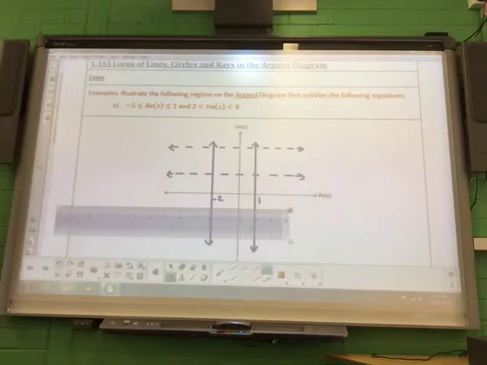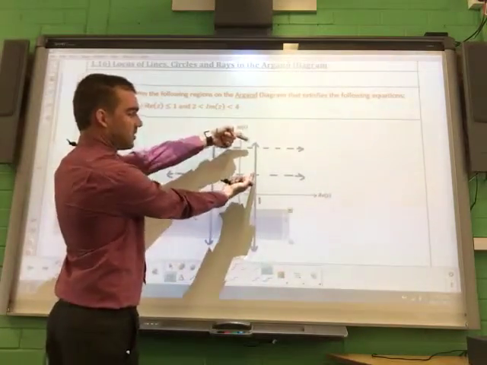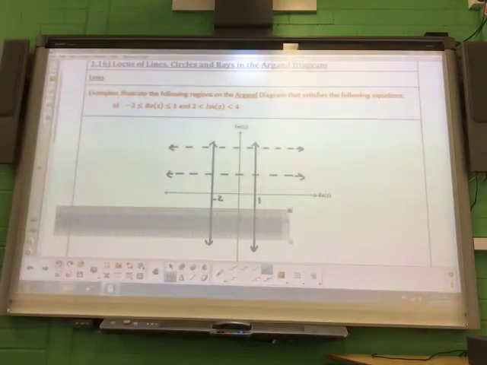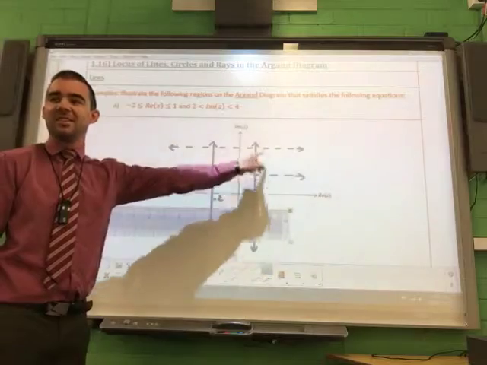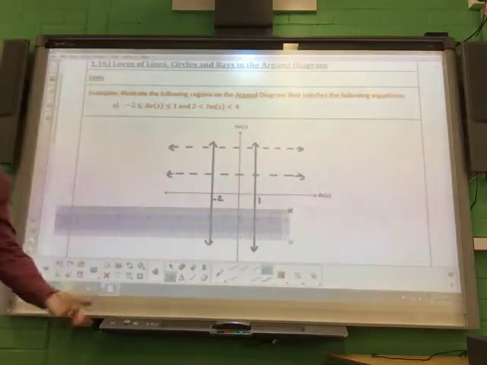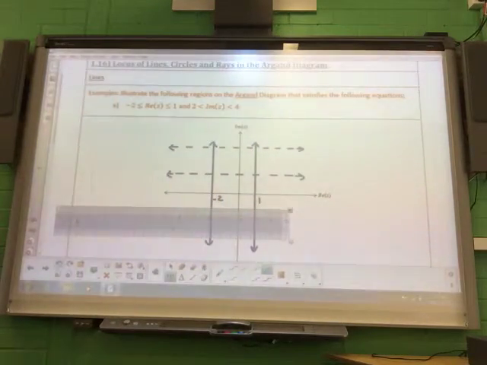Okay, and now we need to illustrate the following region. So which region would I need to illustrate to fit those two? Is it a square though? Not quite. Well, this is the distance 3 here, and that's the distance 2. So are you saying this region here? Yeah, it's not a square, but that region there.